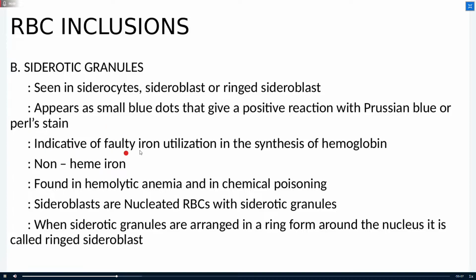It is indicative of faulty iron utilization in the synthesis of hemoglobin. Class, faulty iron utilization. What pathway is this? Diba meron tayong 4 pathways in RBC metabolism. What pathway is your faulty iron utilization?